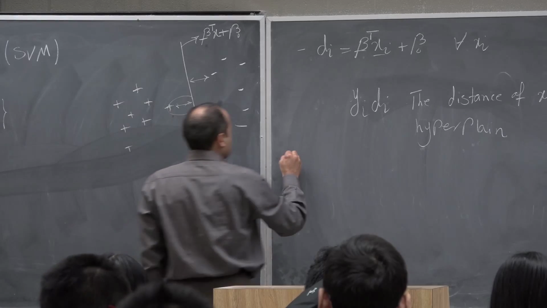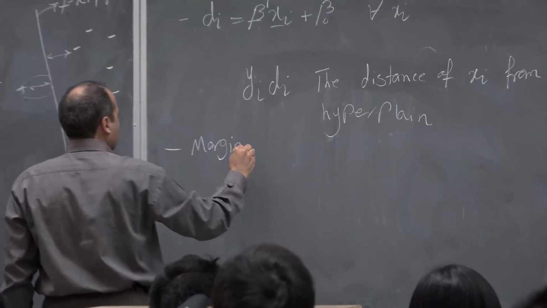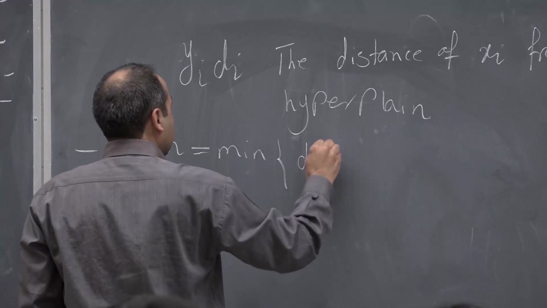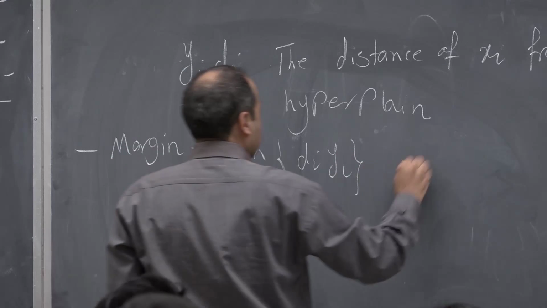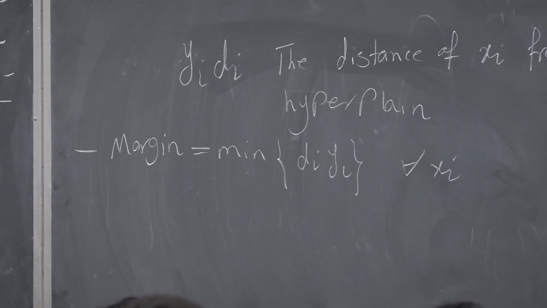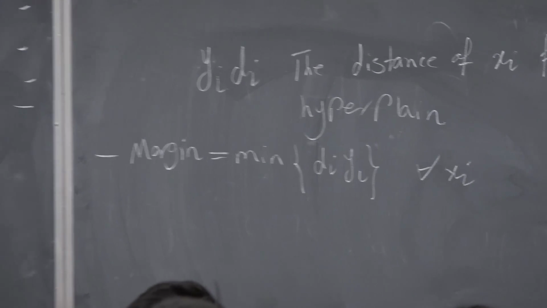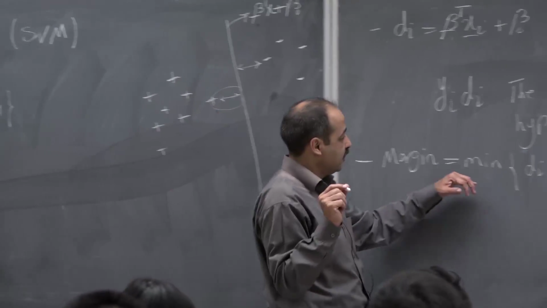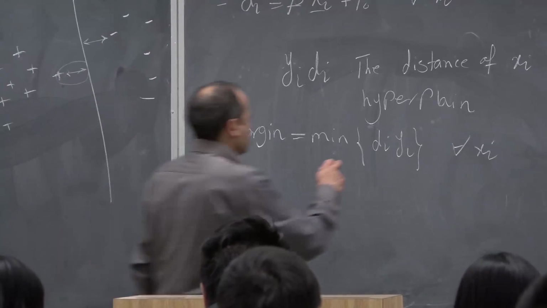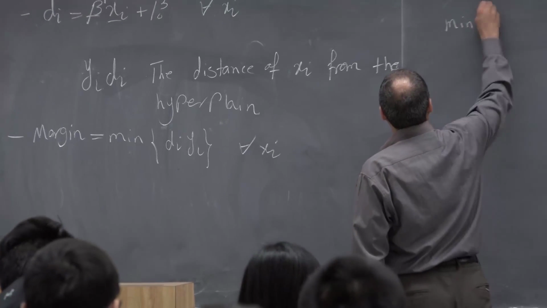So margin would be the minimum of di yi for all xi's. We covered up to this point in the previous lecture, that this is the margin, and we would like to maximize this margin.